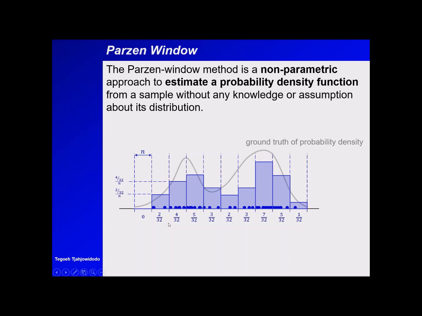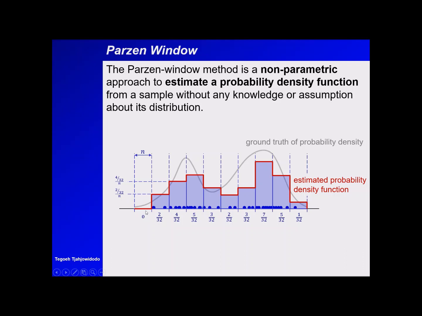What does it mean? Then all of these heights represent my estimated probability density function. So this is my estimation of this gray line there.